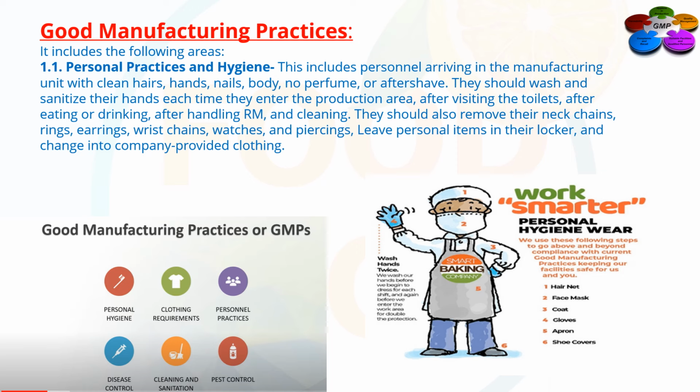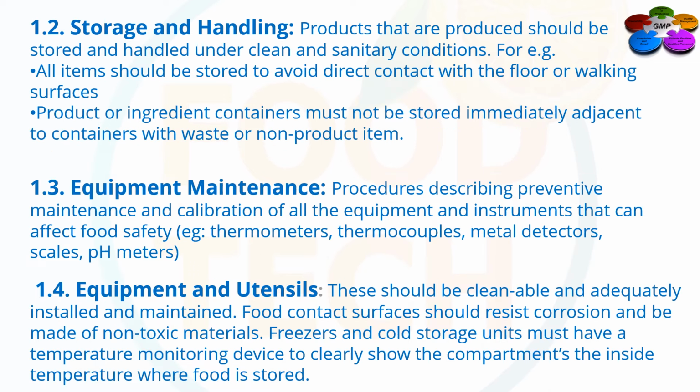After visiting the toilet areas, they should wash and sanitize their hands. And after eating or drinking, they should wash their hands to ensure that no cross contamination takes place. They should not wear any jewelry or wristwatches, and all this has to be kept in the personal locker.